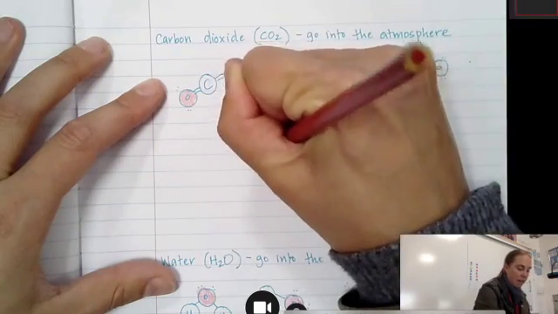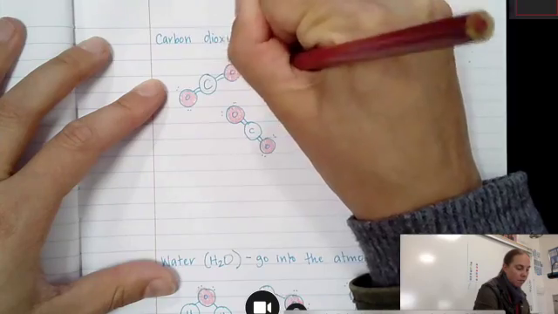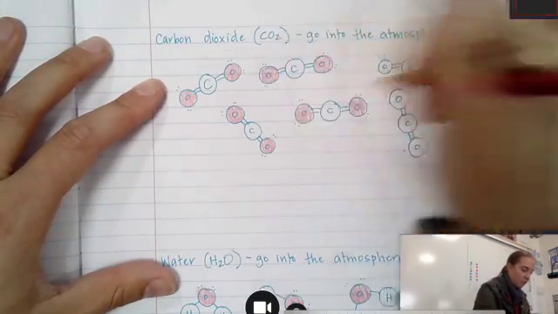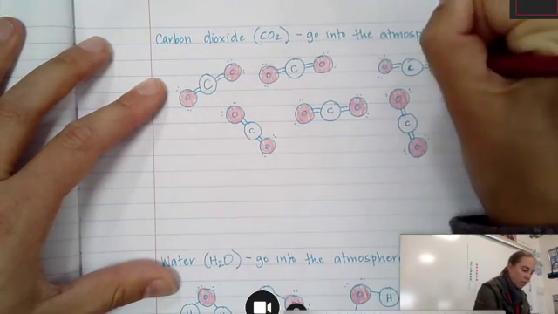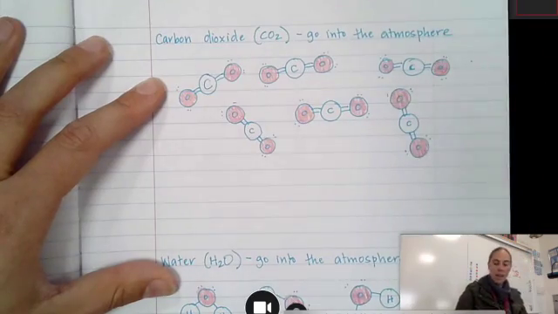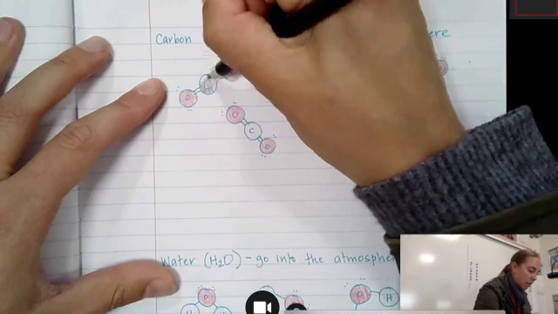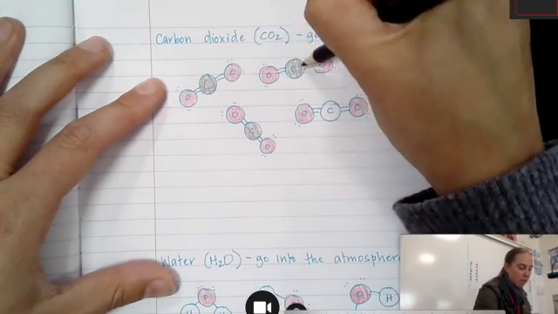So these should match your model. Now my carbons are black, and we should have 6 carbon because we had 6 carbon on the other side of the equation.